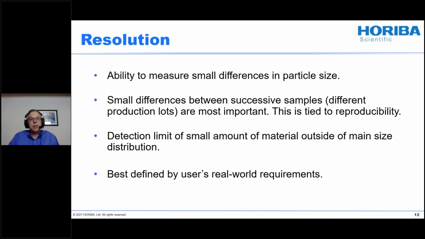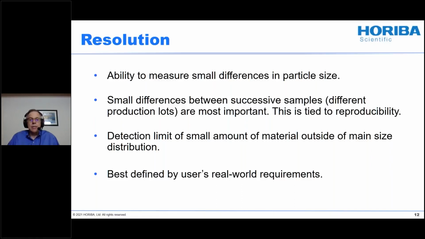Okay, another concept to think about in method development is if you have questions of resolution. Are you looking for small differences between successive samples, say different production lots? This is going to be tied to your reproducibility. Or are you looking to detect a small amount of material outside of the main size distribution?